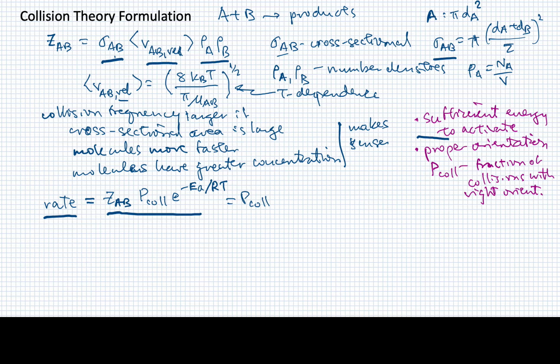We'll have P coll, and I'm going to write out Z_AB because I want to focus on the different parts of this. So we'll have (8 k_B T over pi times mu_AB) to the 1/2, and we'll have e to the minus E_A over RT times rho_A rho_B.